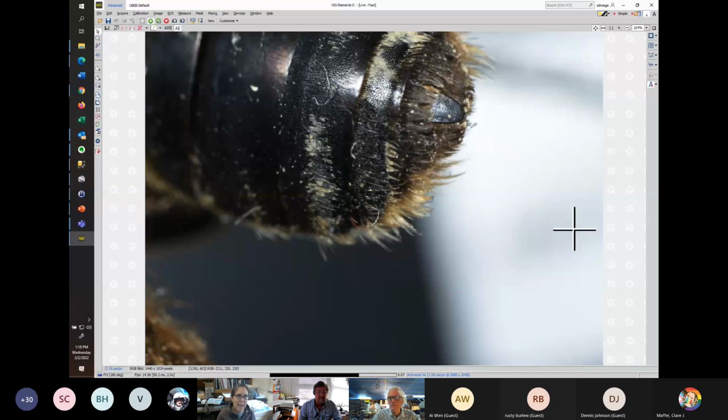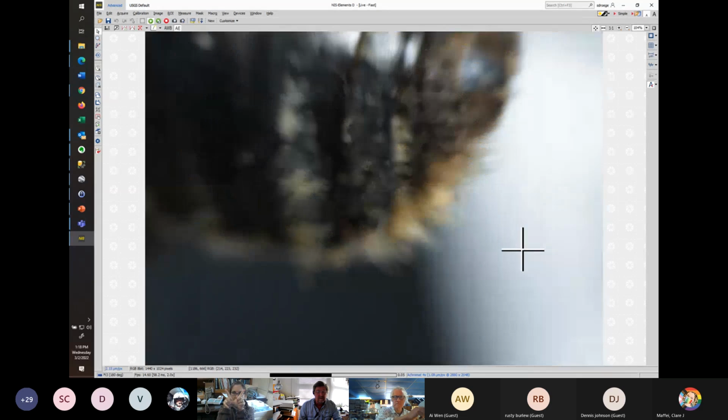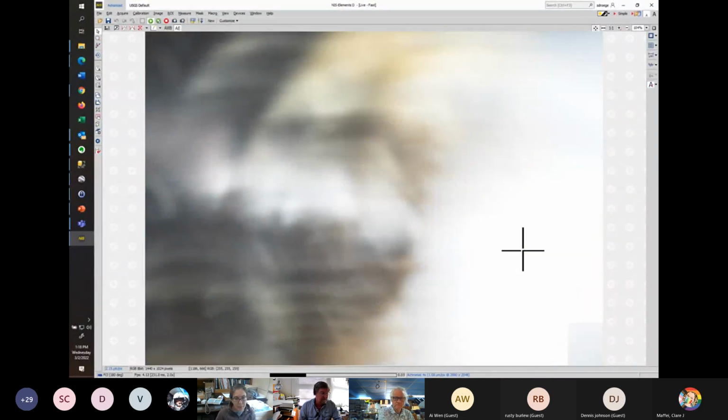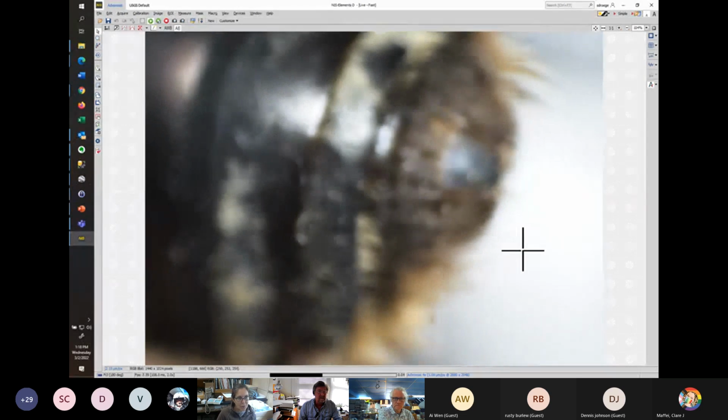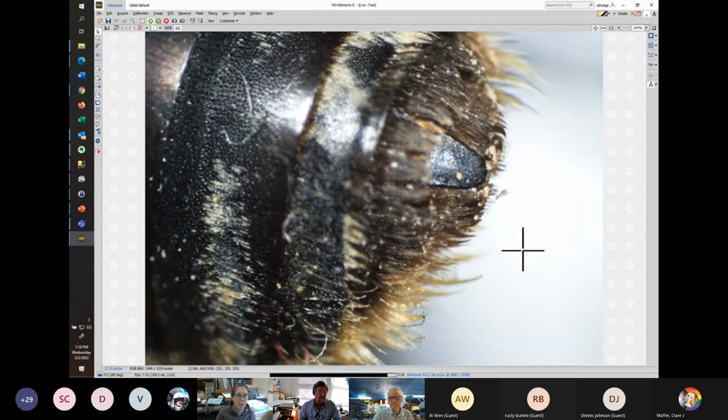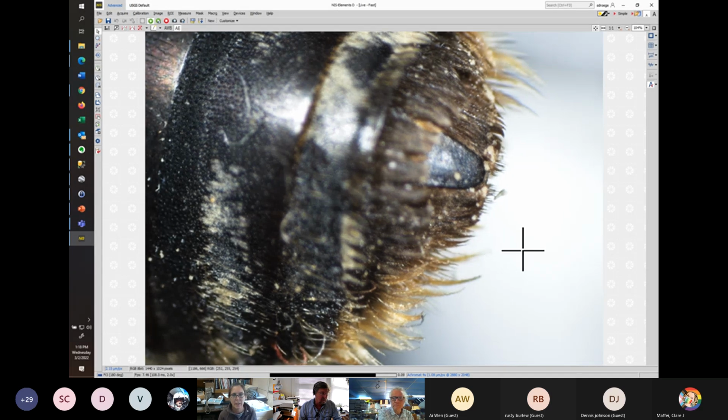There's also a handful within Melissodes that have very pointy triangular pygidial plates, rather than sort of what I call a broad U or a narrow U or triangular. And so the shape of the pygidial plate can be good. I tried to use texture of the pygidial plate, but it is so variable that it really doesn't work. Some species seem to have a real distinct ridge around the edge of the pygidial plate, but it doesn't seem to hold up as a good species character.